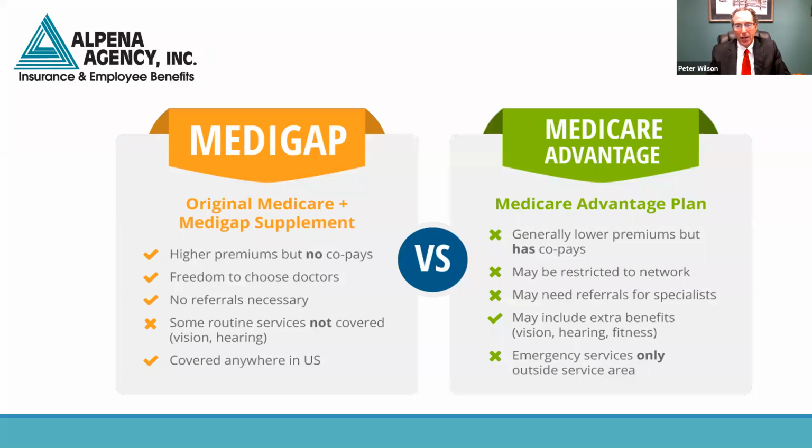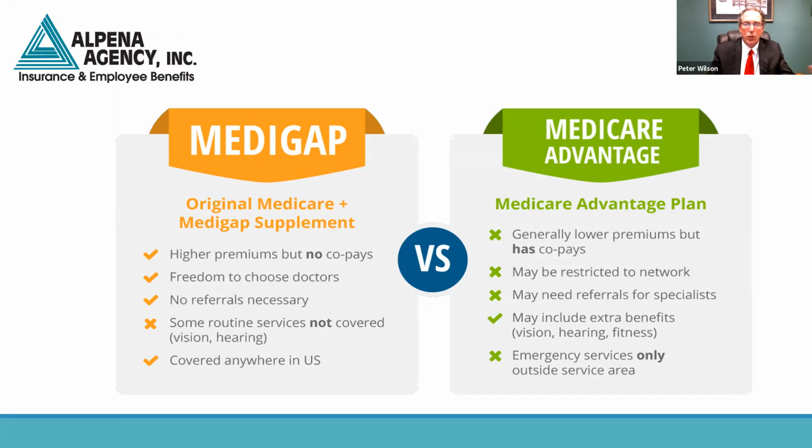With a Medicare Advantage plan, you're going to have a lower premium, as low as $0. But then typically you may have a $10 or $20 copay when you go to the doctor, or you might have a small deductible to start out the year. So Medigap tends to be more expensive but with less out of pocket, whereas the Advantage plans have a lower premium, but you pay a little bit along the way if you actually use it.